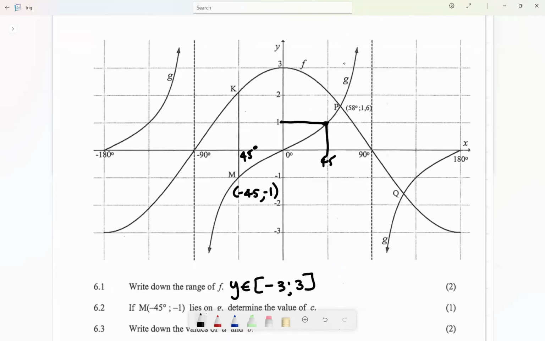Similarly here, if it is -45 and -1, it's still the same thing. What you need to take note of is that your amplitude for tan depends on the value that corresponds with 45. The value that corresponds with 45 is -1.